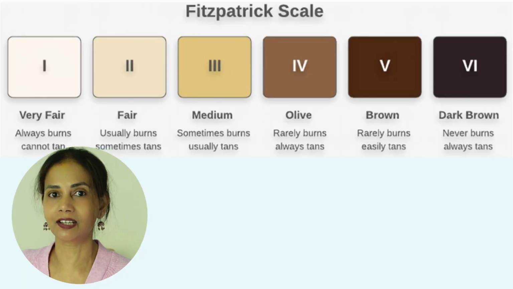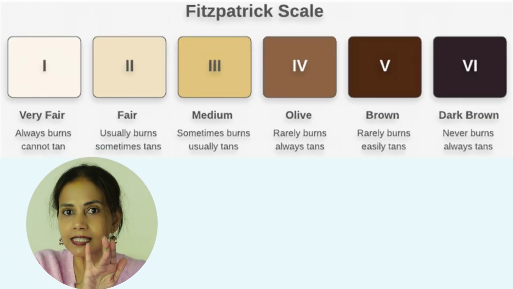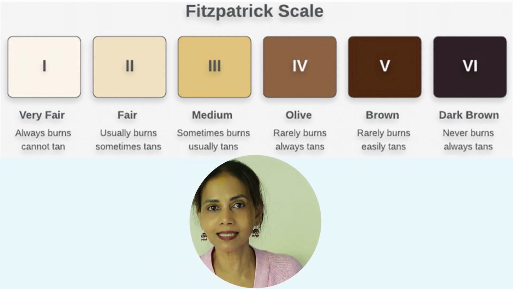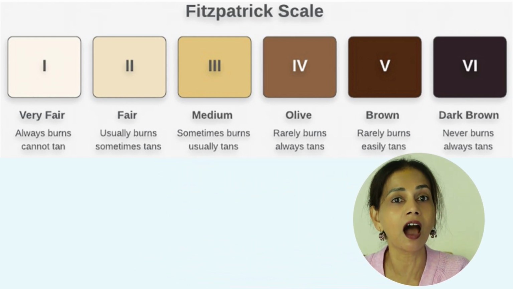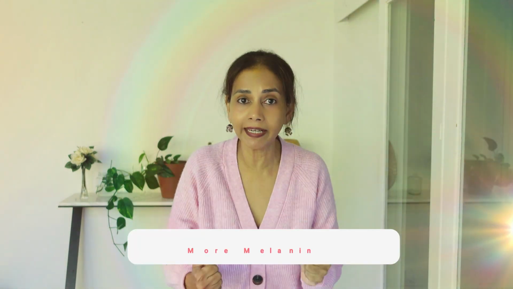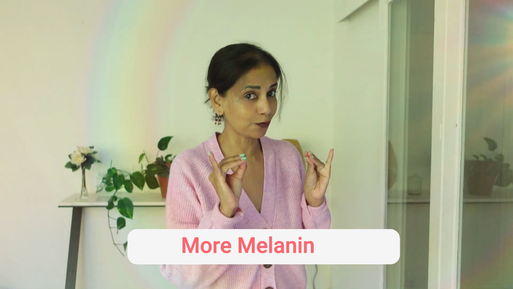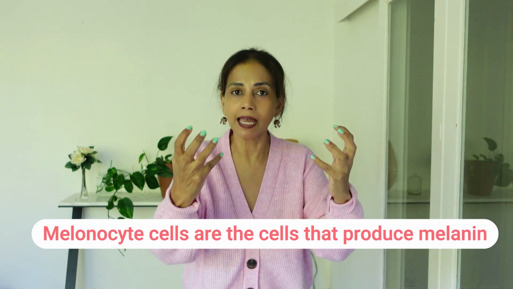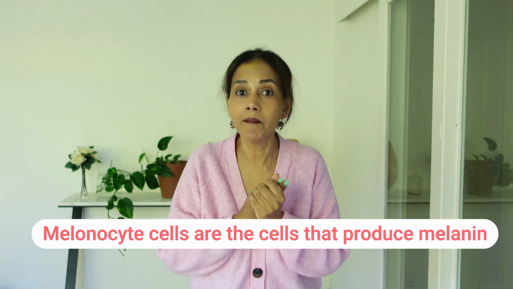The first category is the very fair, and then slowly we get to the 6th category, which is the very dark brown. As soon as the sun's UV rays touch our skin, it starts producing more melanin, because one of the main functions of melanin is to protect our skin from the sun's UV rays. So the melanocyte cells in the skin go into overdrive and start producing more melanin.